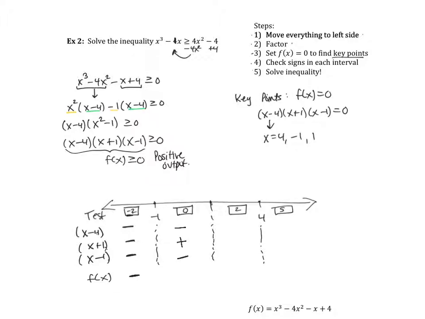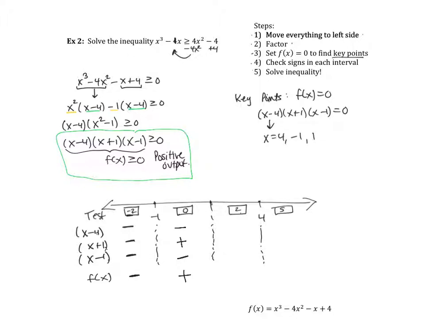The function is just multiplying those outputs together. Negative times positive times negative, that output would be positive. We don't care about the actual number, just the sign, because our question is looking at when is this function positive.